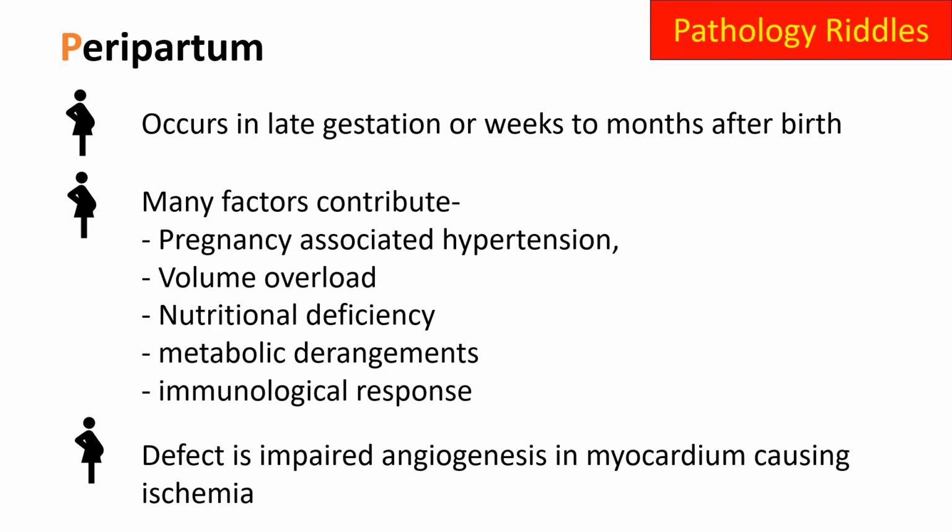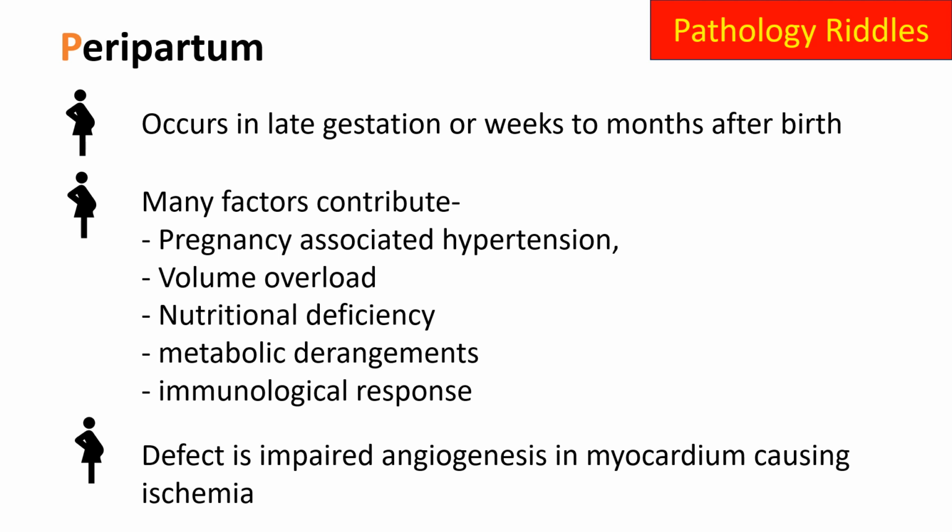Peripartum. Peripartum time is basically the time around childbirth. So, a few days before the childbirth and a few months after the childbirth, this whole time period is called peripartum. Many factors contribute to peripartum dilated cardiomyopathy. First of all, you can have hypertension associated with pregnancy, and pregnancy is a normal volume overload state, so that can also cause dilated cardiomyopathy.